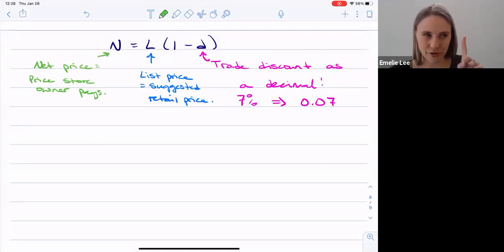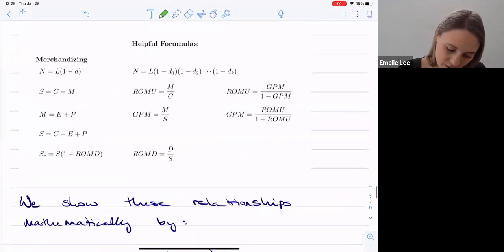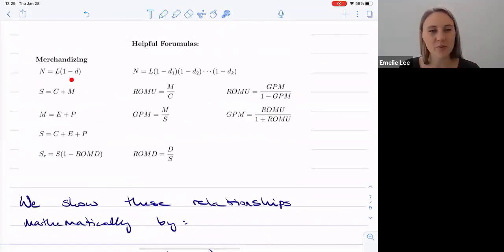That's if you have one trade discount. If you have multiple trade discounts, so here, that's the first one where we started: the net price is the list price times 1 minus D. If you're given multiple trade discounts, you just tack them on in order, so times 1 minus D1 times 1 minus D2, and then multiply through until you've covered all your DK discounts.